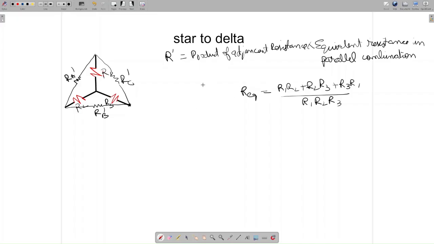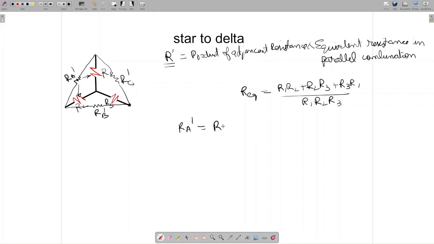So this is the equivalent. Now let's find the equivalent resistance in the delta. So RA dash is the product of adjacent resistances. Here the adjacent ones are this one.